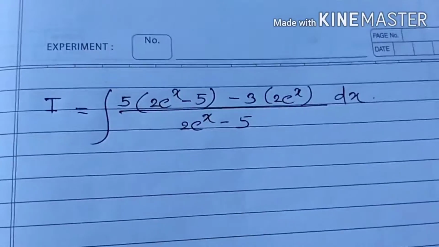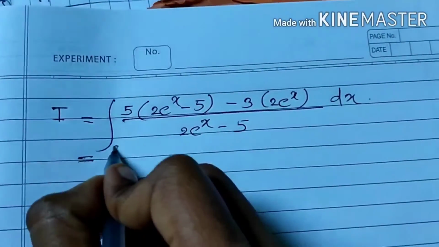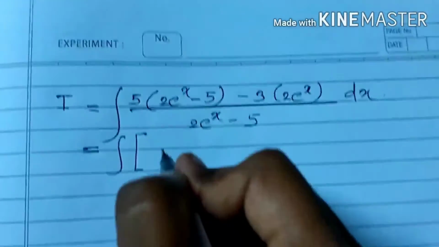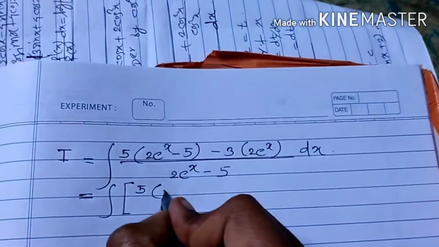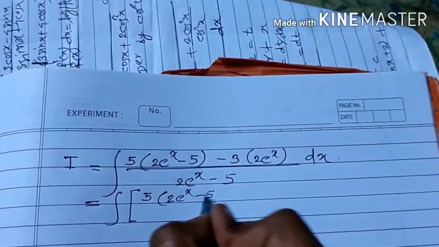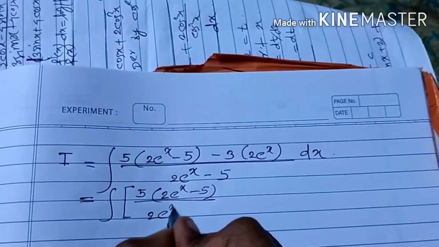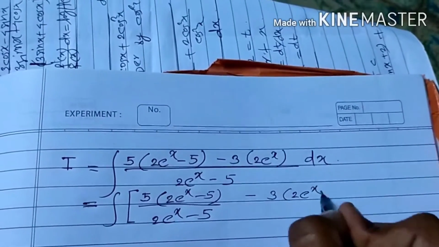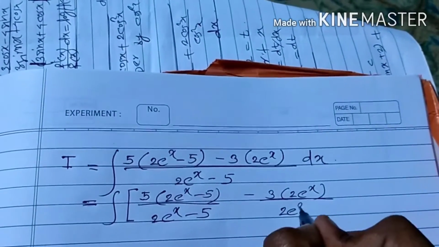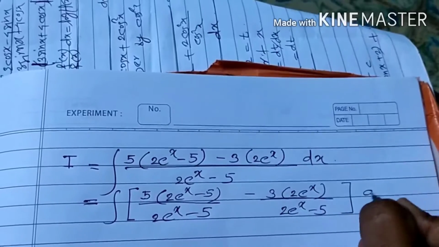Now separate this denominator, so we get integration of 5 into 2e raised to x minus 5 upon 2e raised to x minus 5, minus 3 into 2e raised to x upon 2e raised to x minus 5 into dx.